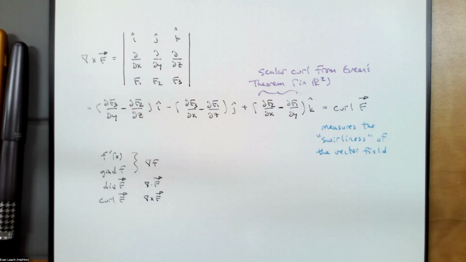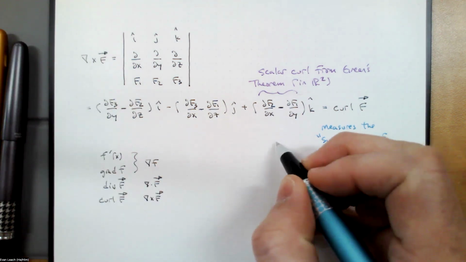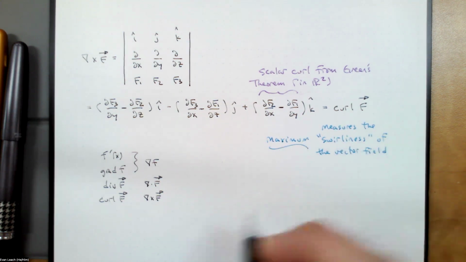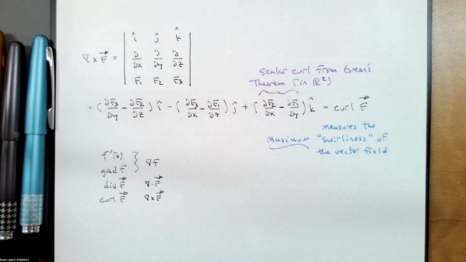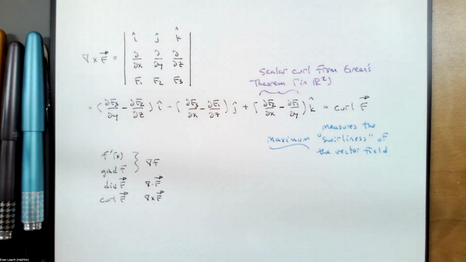And then if we're in a different direction, we just find the dot product like we always do. So we could actually figure out how swirly the vector field is in a particular direction with a dot product.